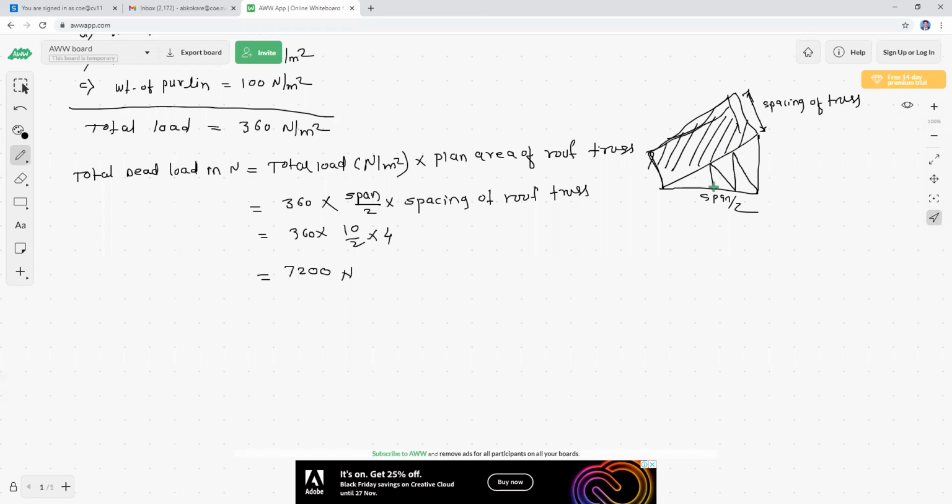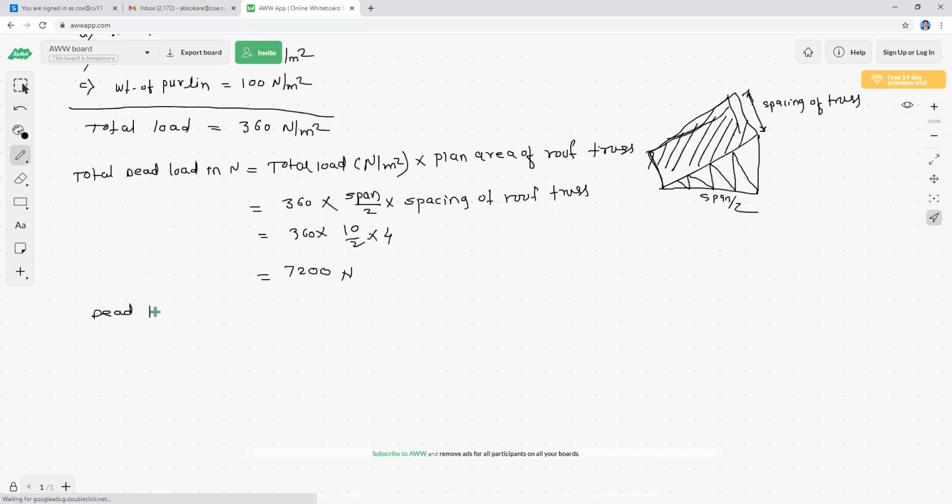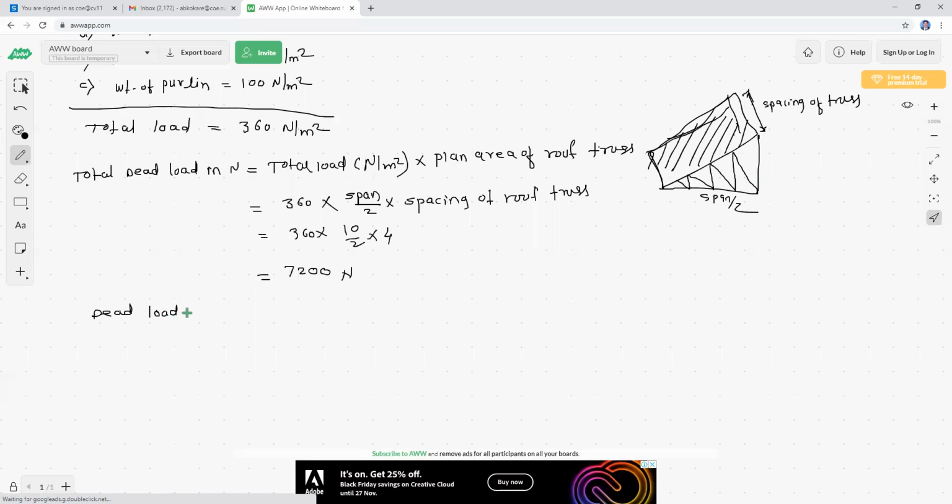So like this we have. So now we have to calculate, as per the procedure, the dead load on each intermediate panel point.